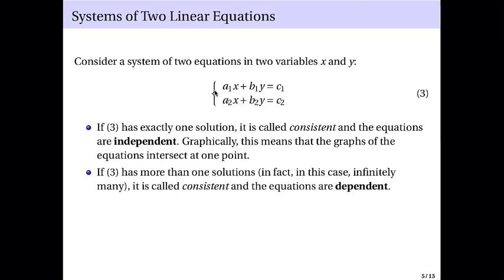So if the system has more than one solution, it is called consistent, and the equations are said to be dependent, meaning one is just the same as the other. You can write one in terms of the other and you will still get the same thing, in a sense that they are equivalent equations.